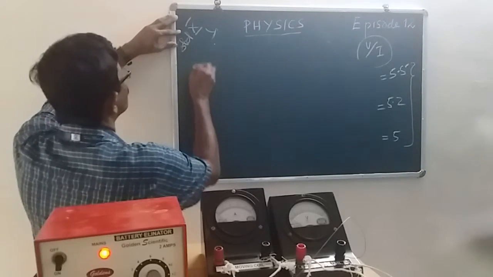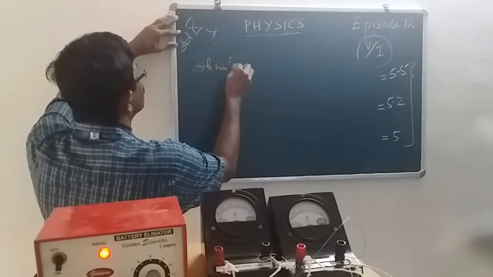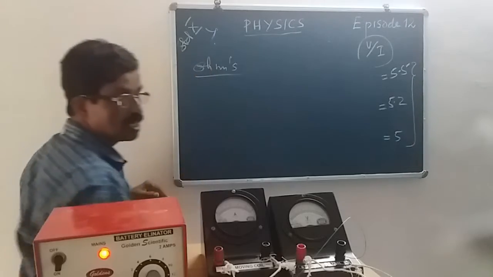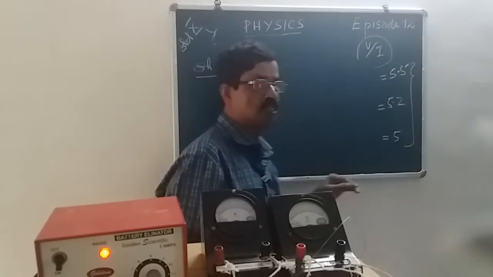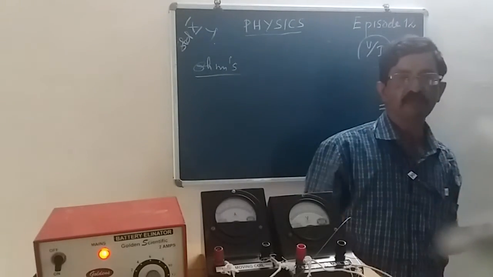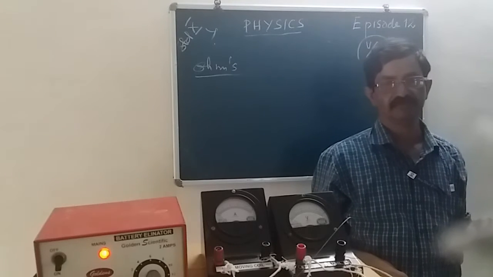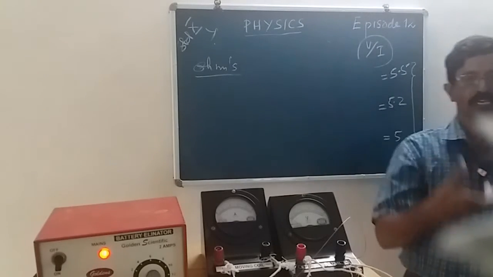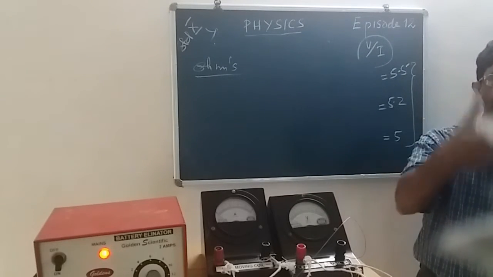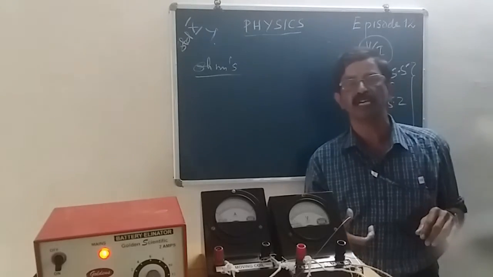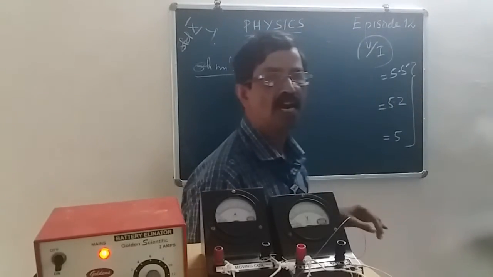What does Ohm's law say? When a potential difference is applied across a conductor, a current flows through it. That current is directly proportional to the potential difference we applied.